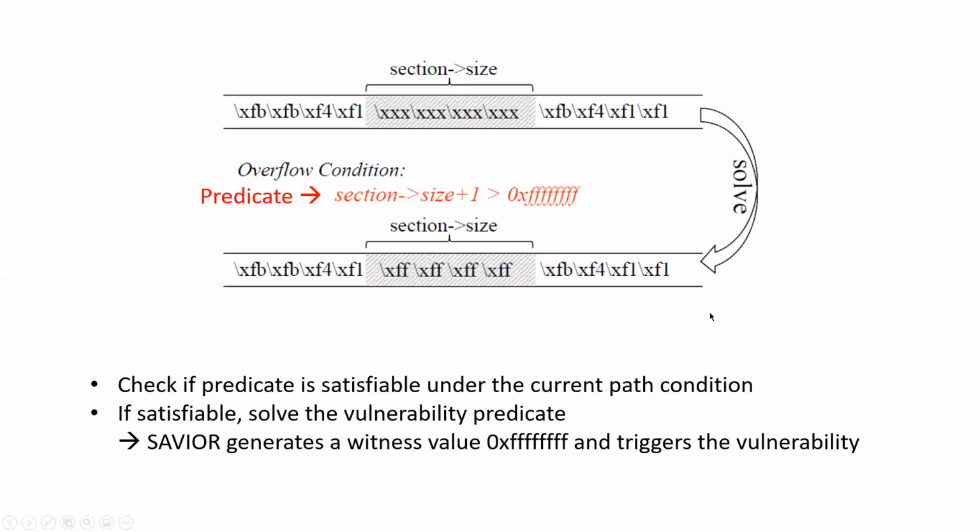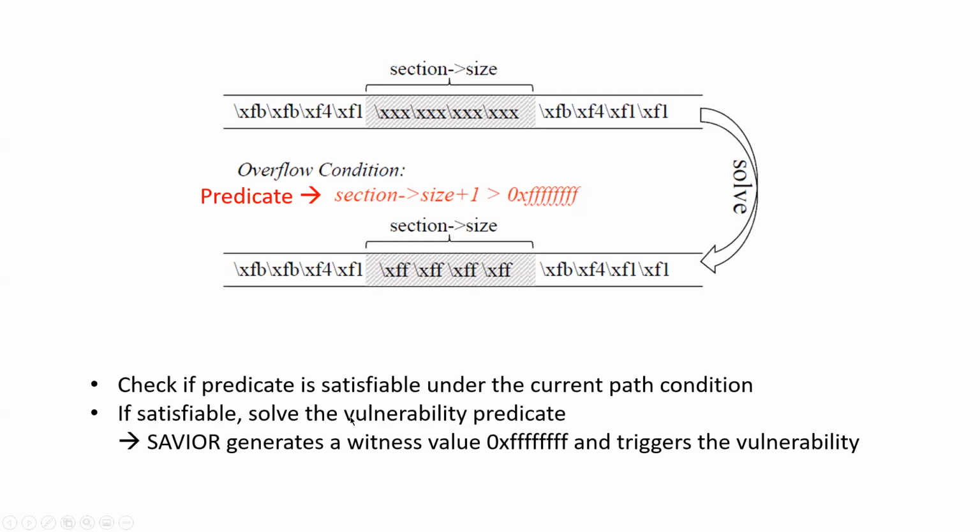Okay, so for example, going back to the integer overflow example, this overflow condition, this predicate, is implanted inside this label, which is section size plus 1 is more than this maximum value. So if this predicate can be satisfied, it means that this vulnerability is valid.